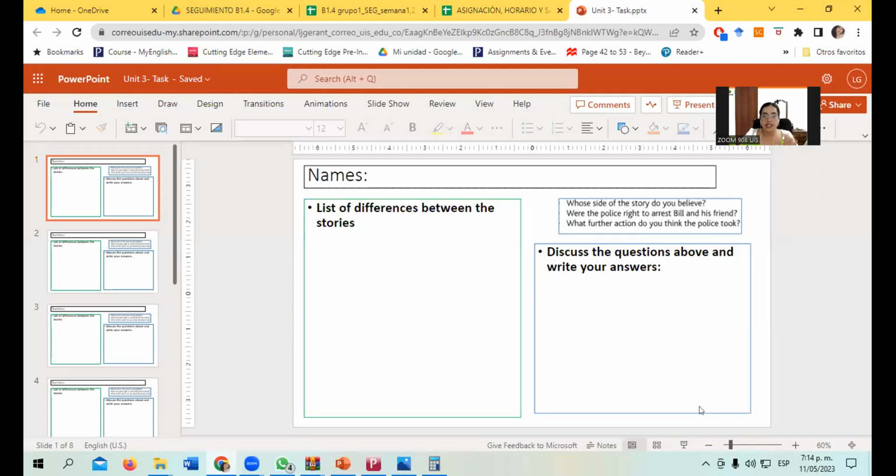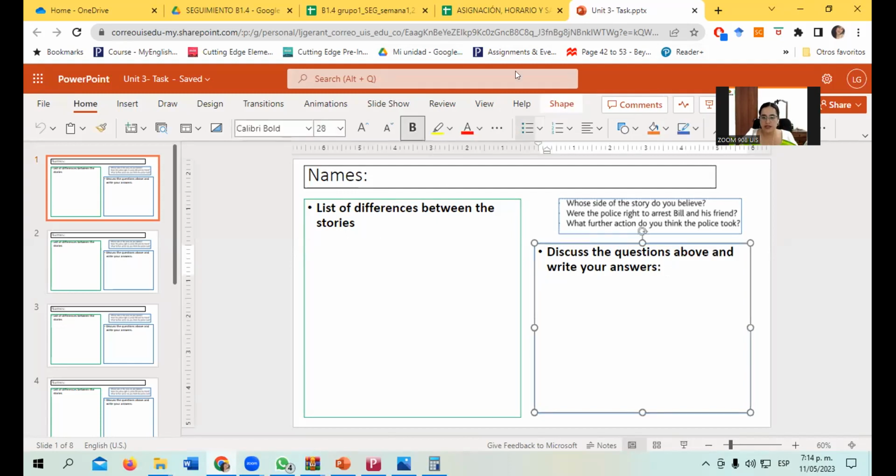Yes, it's clear. This is the first part. Once you are ready with the differences, I want you to discuss the questions. We have 3, and write a summary of your answers.